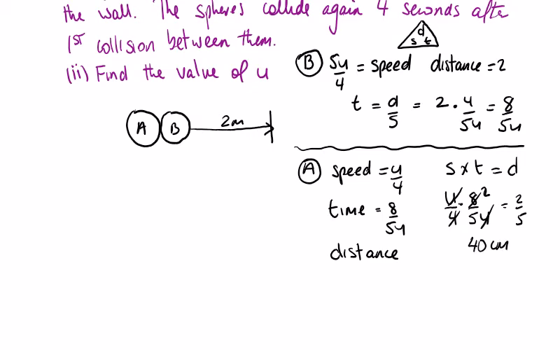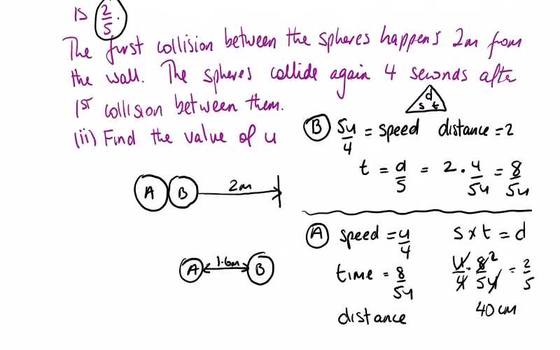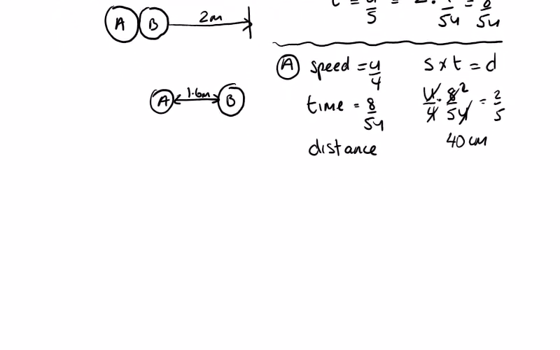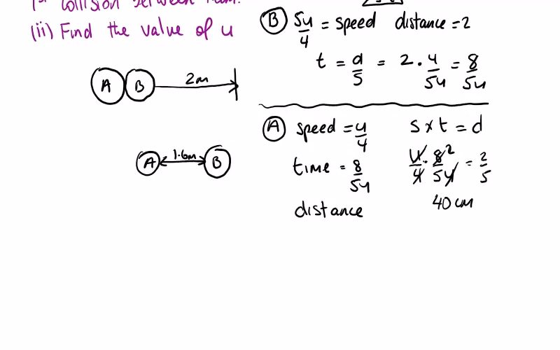Now I have B here, A here, and there's 1.6 meters between them. And I have a new speed for B. The coefficient of restitution we can see here was 2 over 5. So B was traveling at, his speed was 5u over 4. So 5u over 4 is going to be slowed down by a factor of 2 over 5.